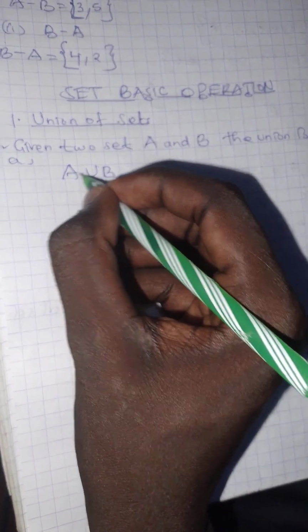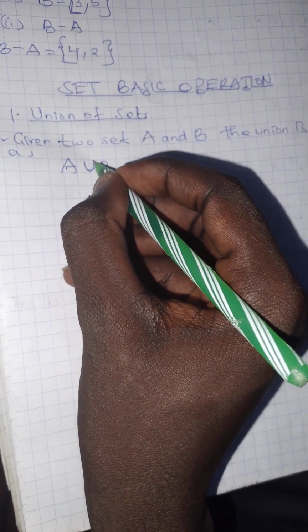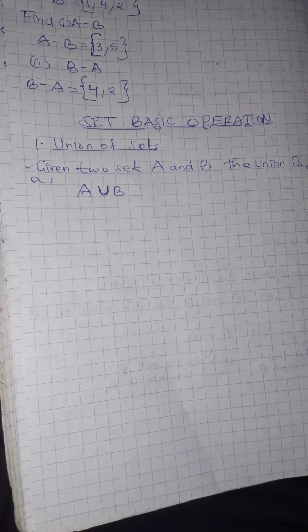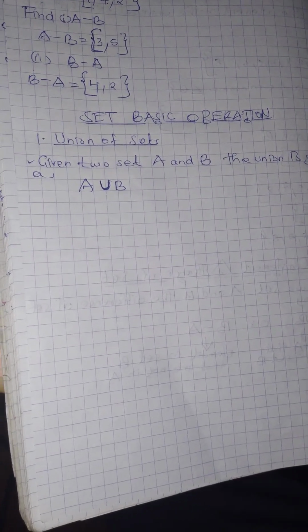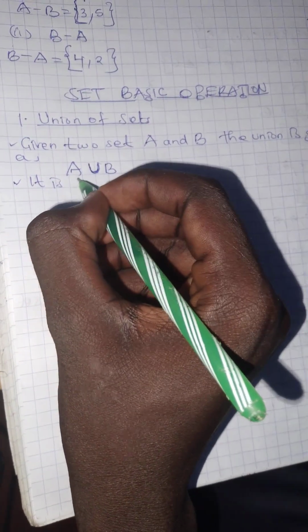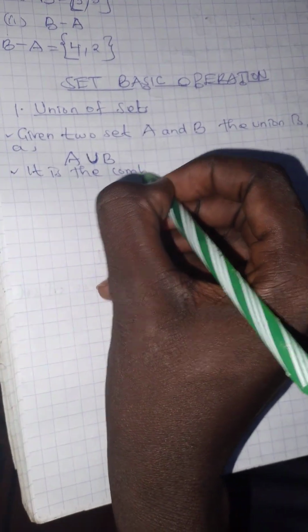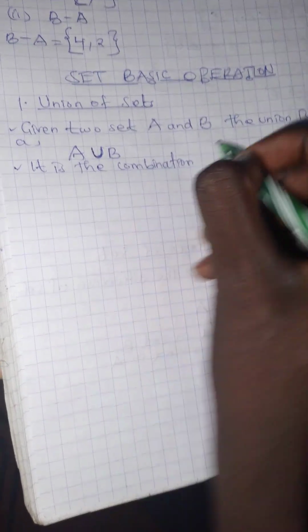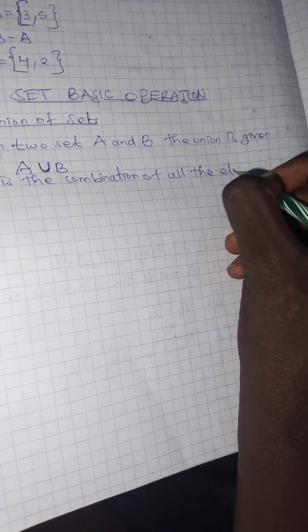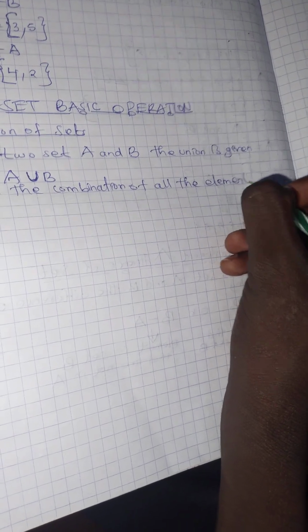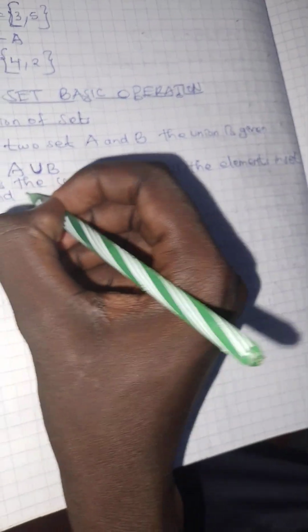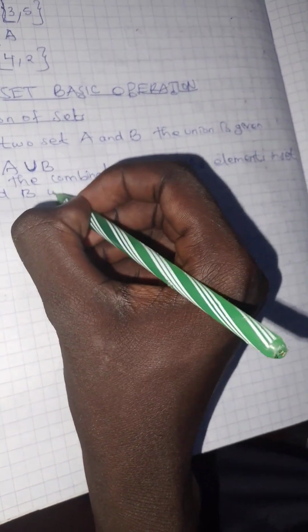What does this union mean? Union means it is a combination. It is the combination of all the elements in the set A and set B without repetition.